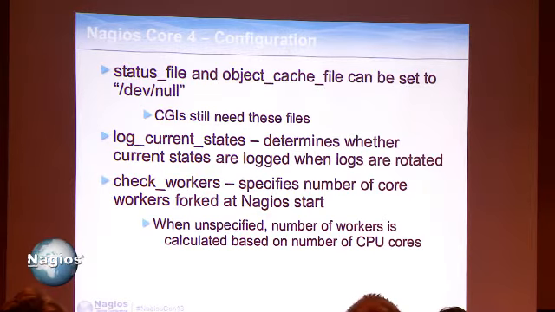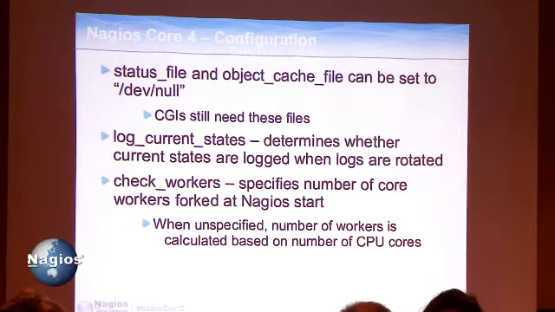There are two parameters that are specific to the workers and the query handler. The quick check workers option allows you to specify the number of core workers that are started when Nagios starts. You can leave it blank and it will calculate a number based on the number of CPU cores on the system.